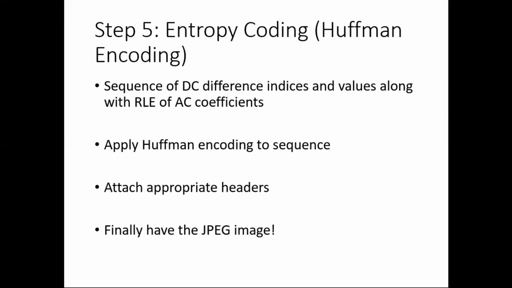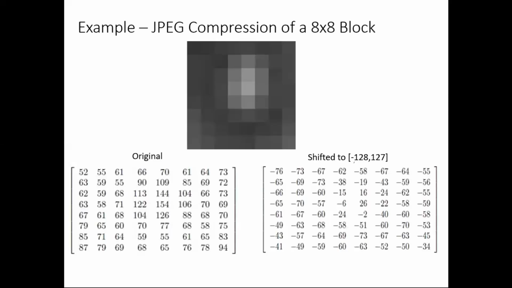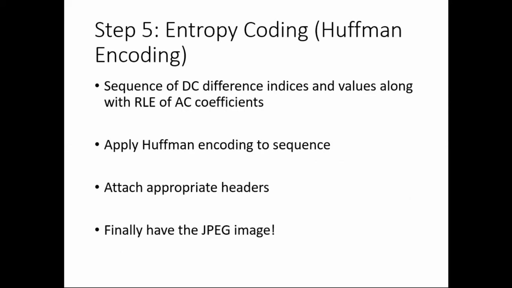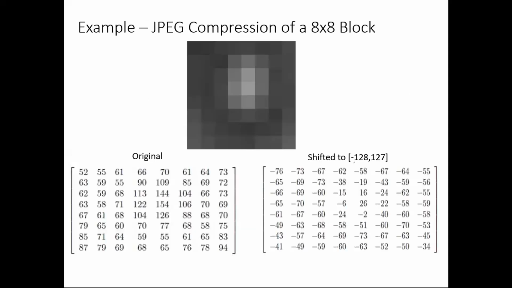We are not talking about Huffman encoding here. After applying Huffman encoding, we finally come up with the compressed JPEG image, right?